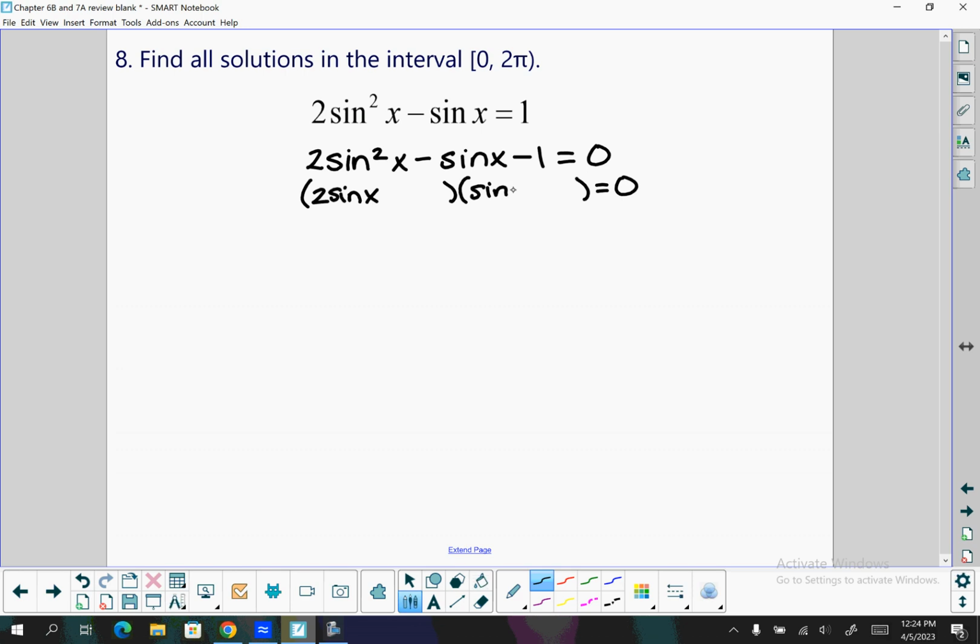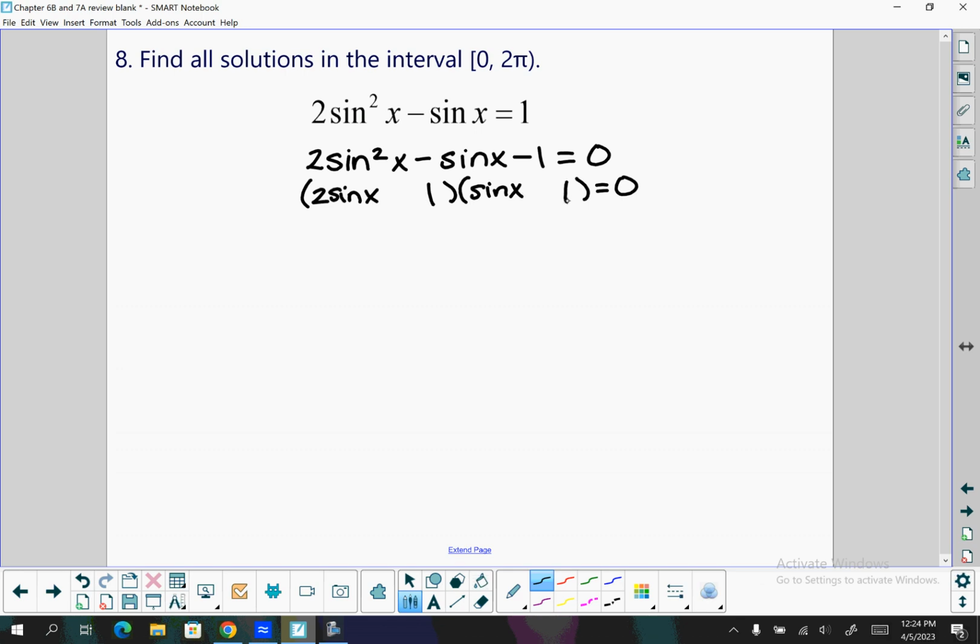Sine. Yep, 2 sine and sine give me 2 sine squared. That's going to be the front term. What's going to multiply together to get a -1 in the back? It's going to be a -1 and a +1.